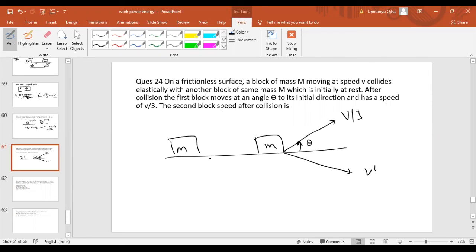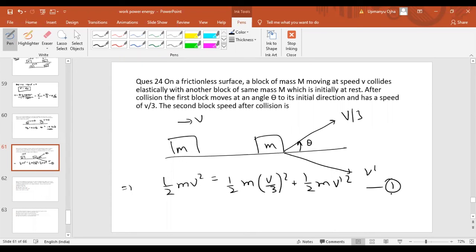Since the collision is elastic, the initial velocity of the second block was 0. Energy is conserved, which means half m v square must be equal to half m (v by 3) whole square plus half m v dash square.